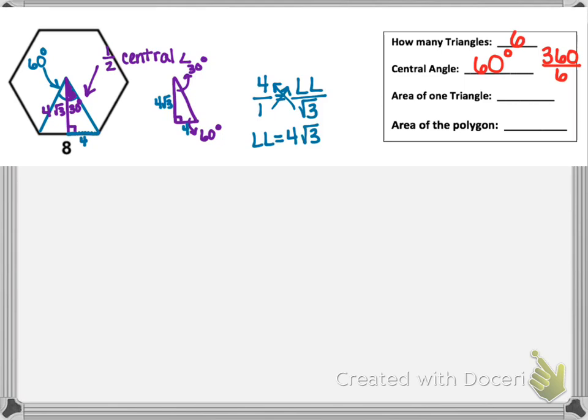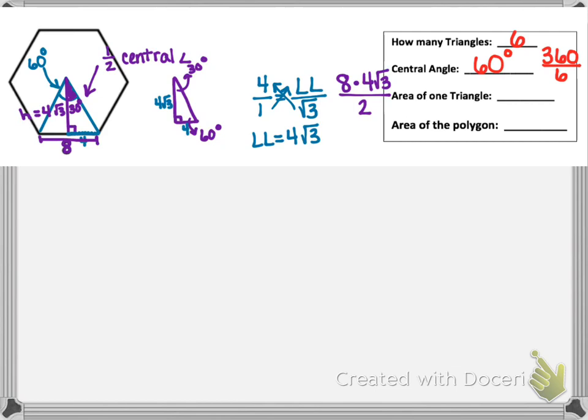So now you've got to be careful when you're finding the area of this triangle. Remember that 4 square root 3, he's your height. And this whole base of your triangle is going to be 8 for that side length, okay? So don't forget about that. All right. So let's find the area of one of the triangles. Like we said, the base was 8 times the height of that thing is 4 square root 3. And I'll take that and divide it by 2.